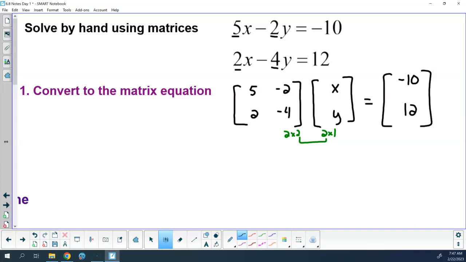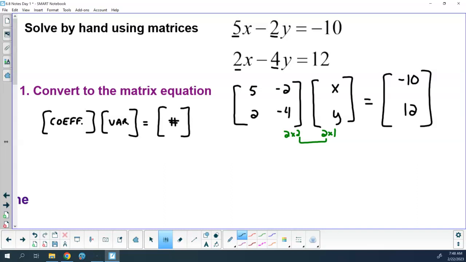So your first matrix is the coefficients. Next matrix is the variables. And that's going to equal the numbers. Okay? So that's step number 1.